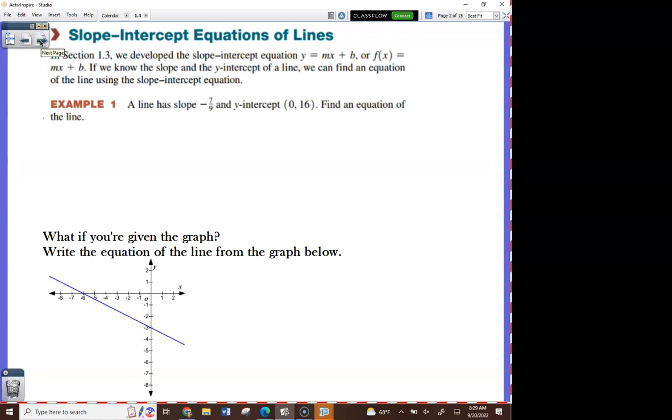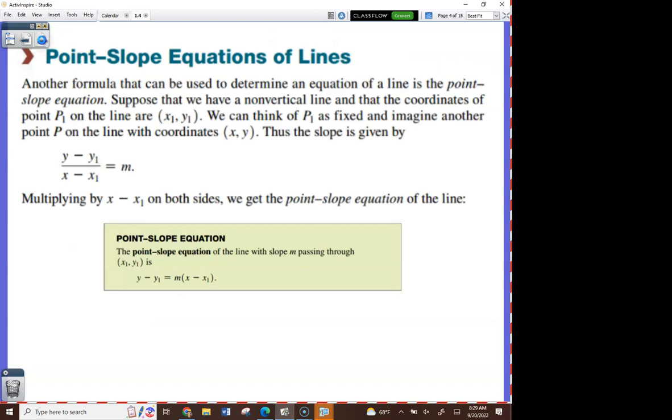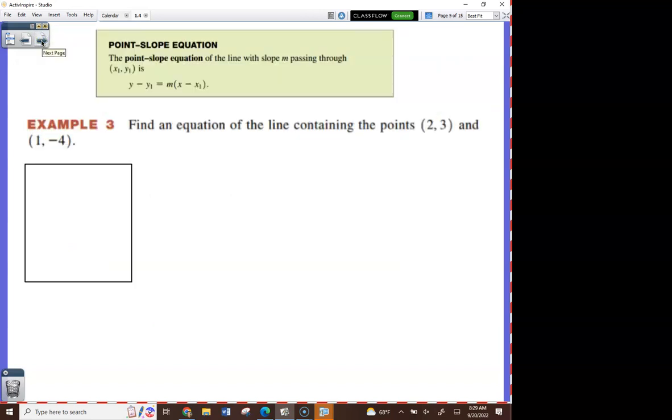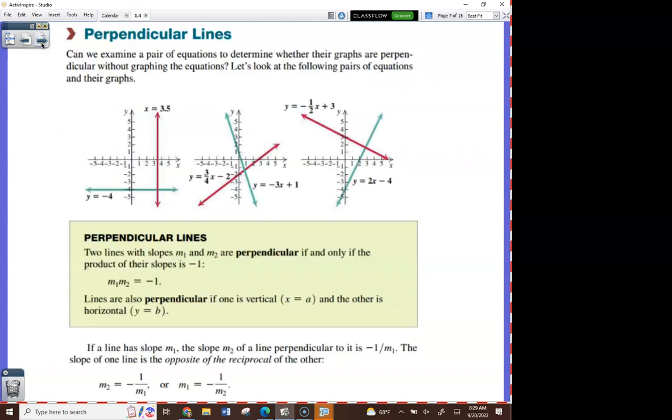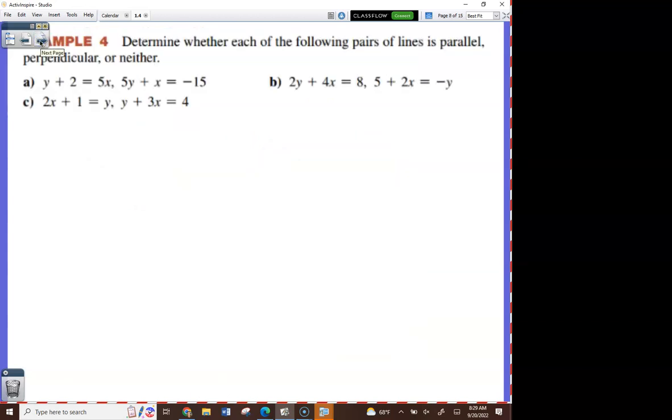Refresh. Oh no, I can't refresh because remember, it crashed yesterday. Anyways, we learned the value of point slope form and how it can save time if you are given 2 points and need to find the equation of a line. We talked about parallel lines having the same slope, and perpendicular lines having negated reciprocal slopes. Given some lines, you're asked to determine if they're parallel, perpendicular, or neither.